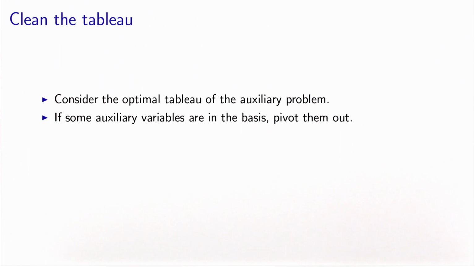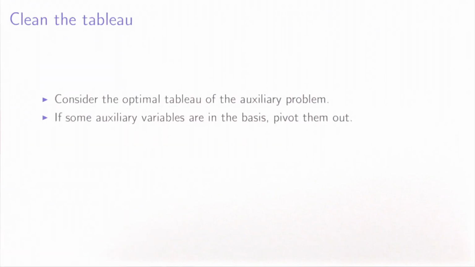Indeed, if it was not the case, we would have already stopped, claiming that the original problem was not feasible. But some of them may be in the basis. In that case, you need to pivot them out. You need to find a non-basic variable from the original problem and pivot these two variables. Get the auxiliary variable out of the basis and the original variable in the basis.